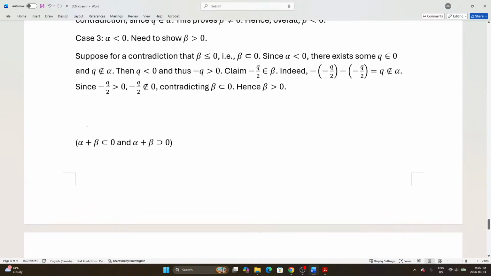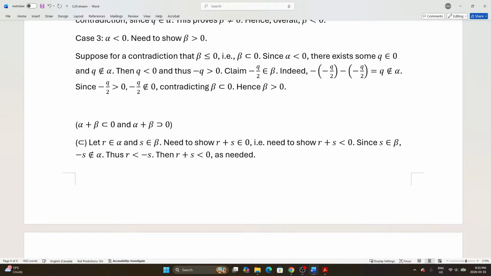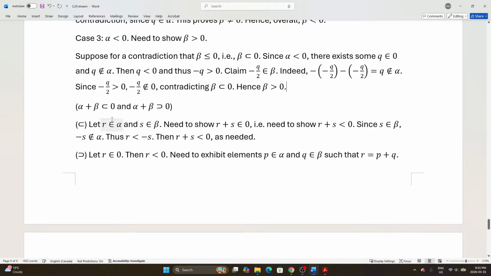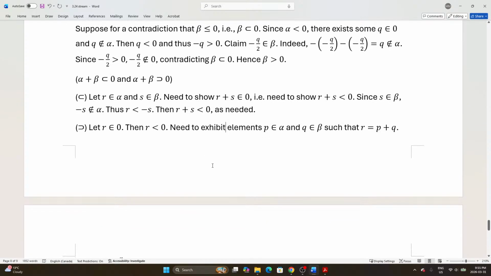I need to prove the double containment. That is, alpha plus beta is a subset of zero, and alpha plus beta contains zero. The first containment is easy. The second containment turns out to be very tricky.